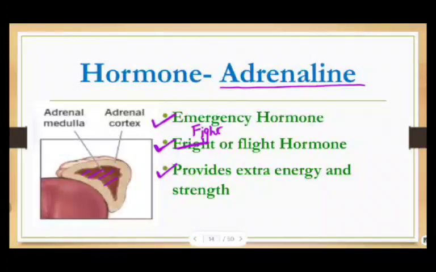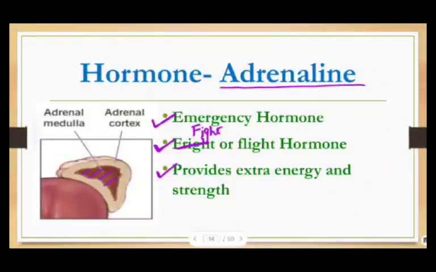Either you fight the situation, or if you don't know how to fight it, it gives power to your leg muscles and asks you to flee from there. It gives your muscles extra energy and the courage to handle danger.